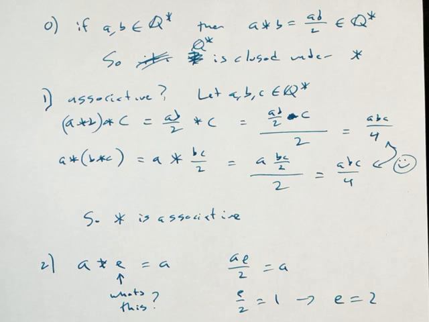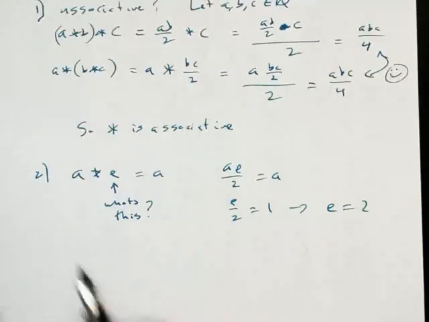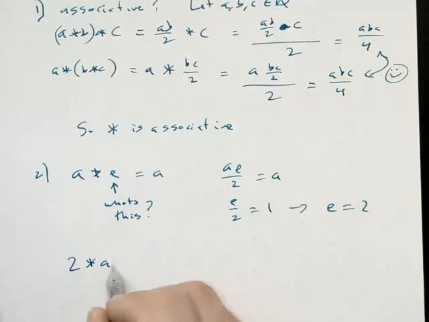In this equation setup, I had A star E. Identity has to work on both sides. So let's see if E equals 2 works in the other order. 2 star A. What's that?